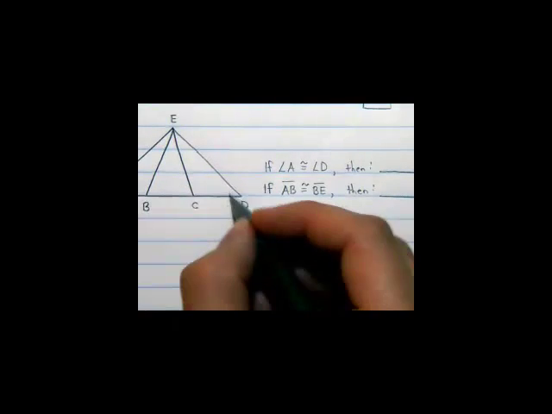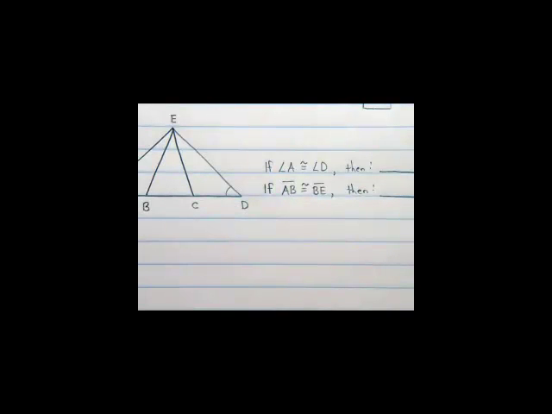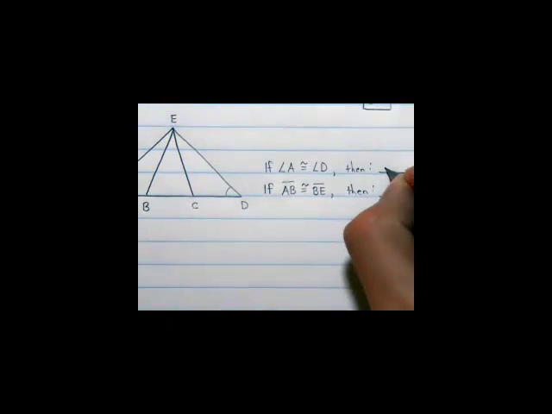So we're saying this angle and this angle. Then angle ABE is congruent to angle DCE. Not necessarily. No. Savannah? That's right.